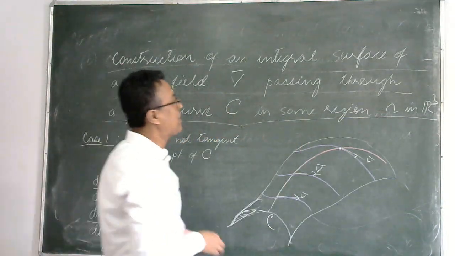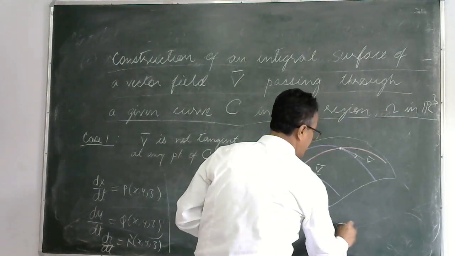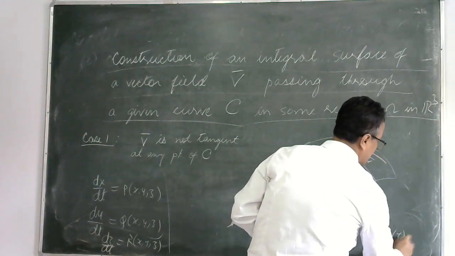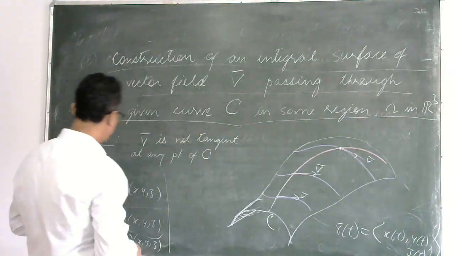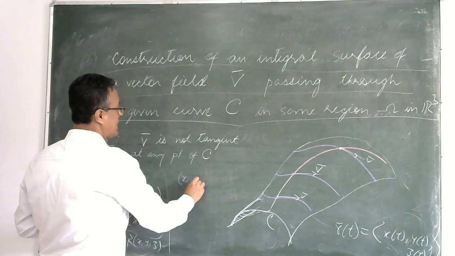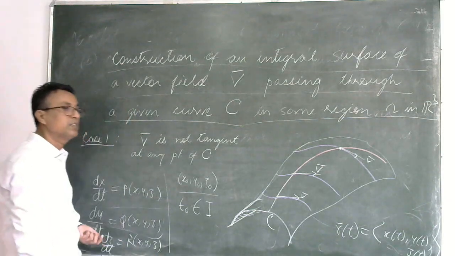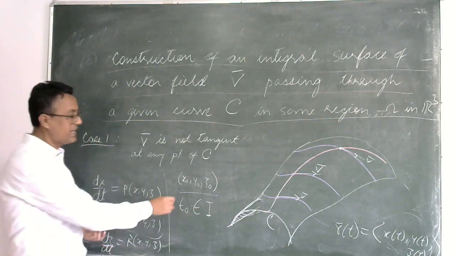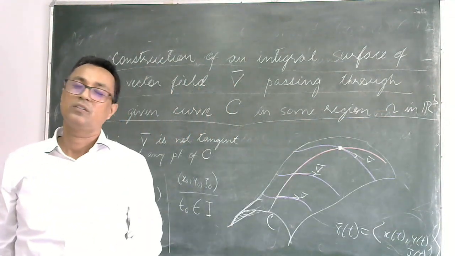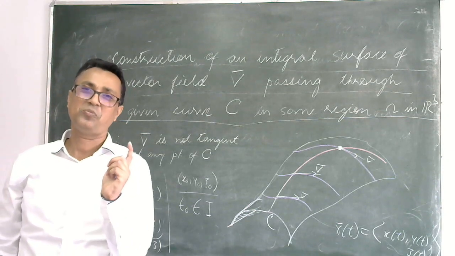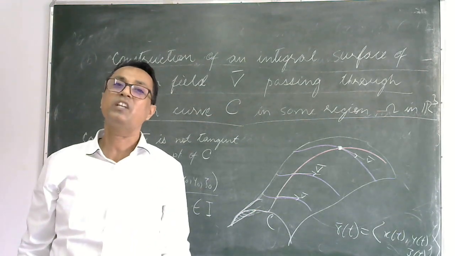Suppose I am parametrizing this curve, then I can always find an initial condition corresponding to some t0 belonging to some interval I, and suppose this point is nothing but that initial condition. So that means we have an initial value problem.